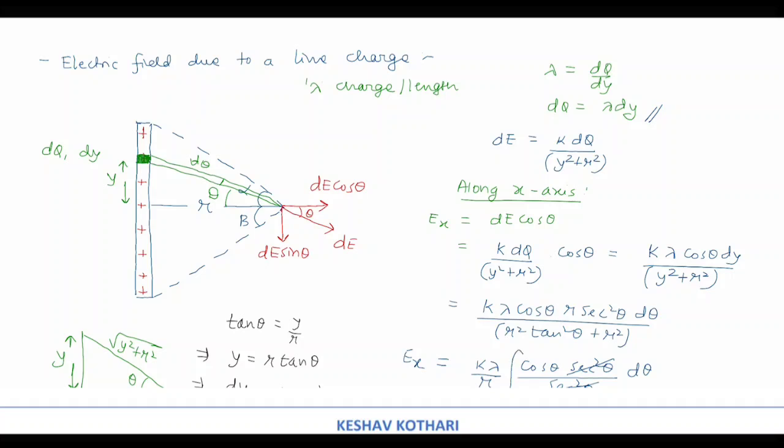So now if we put the limits beta and alpha respectively, we can write the value of the electric field along the x-axis direction as k lambda upon r (sine beta plus sine alpha).